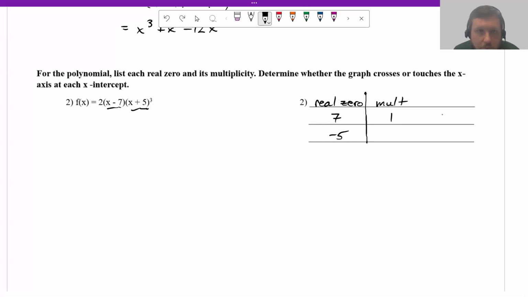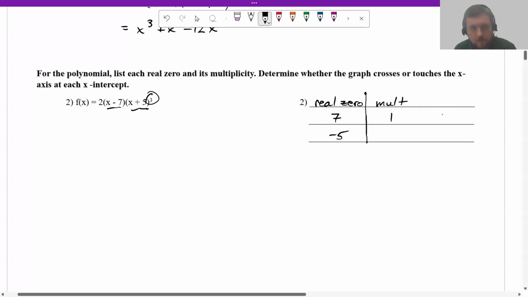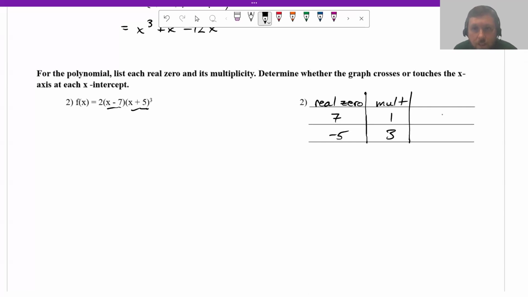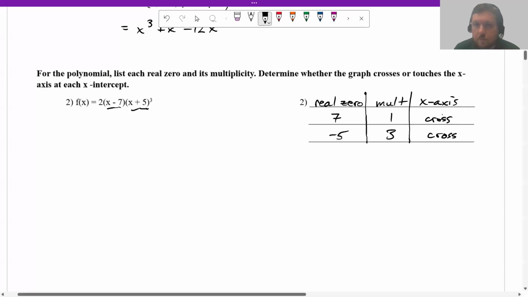And then the -5 has a multiplicity of 3. And then we want to know the x-axis behavior. So if it's odd, it's going to cross. And that's all that was asked for.